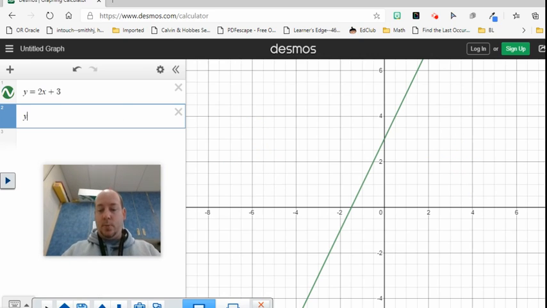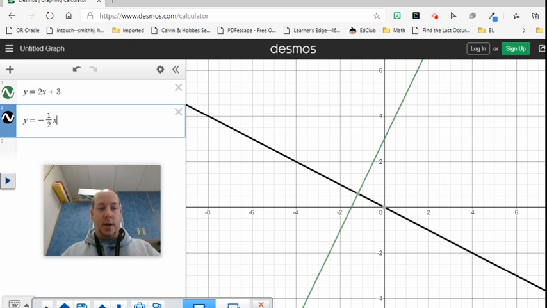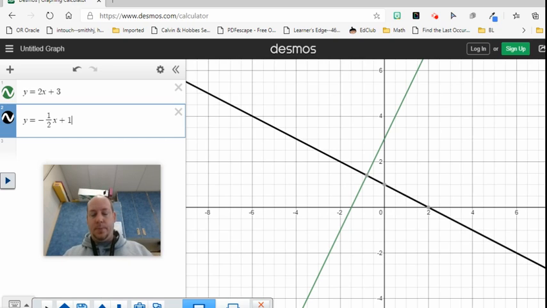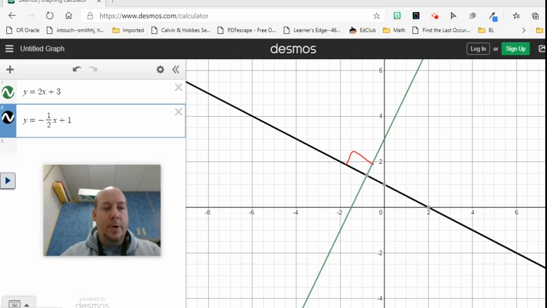So y would equal, instead of 2x, I do negative 1/2 x plus, just pick a new y-intercept, doesn't really matter, let's just do 1. Okay. So if I look at that, right, there's my right angle. I know that those are perpendicular to each other. Okay.